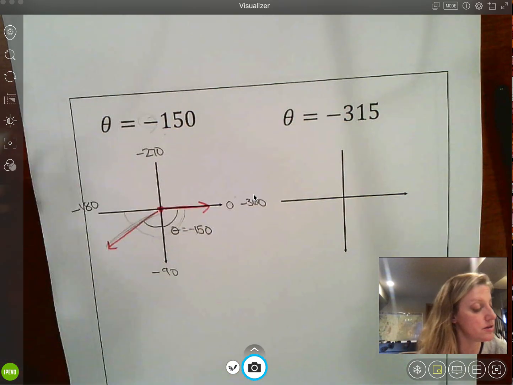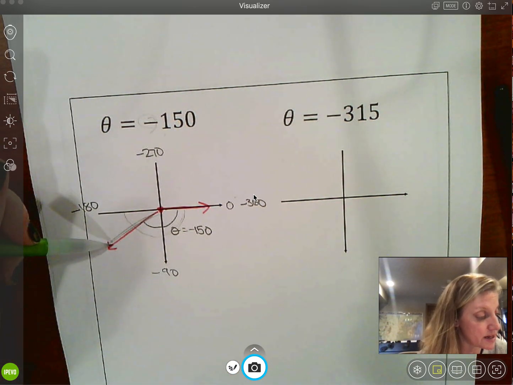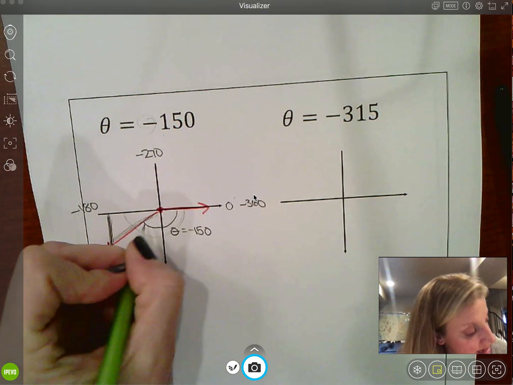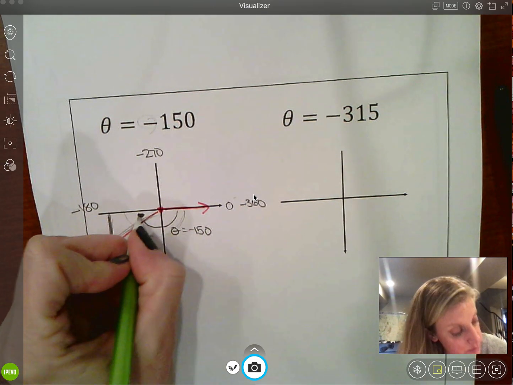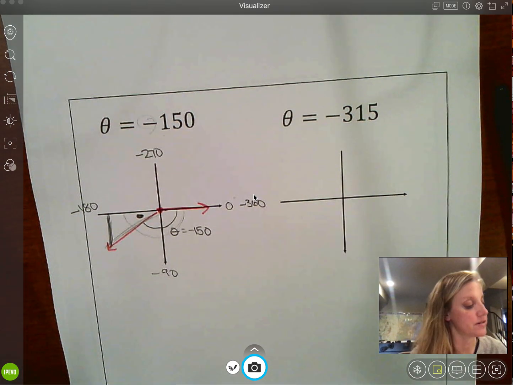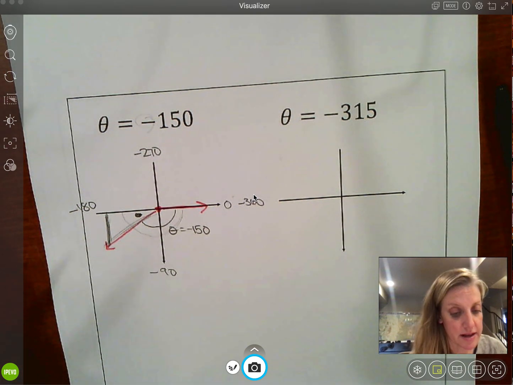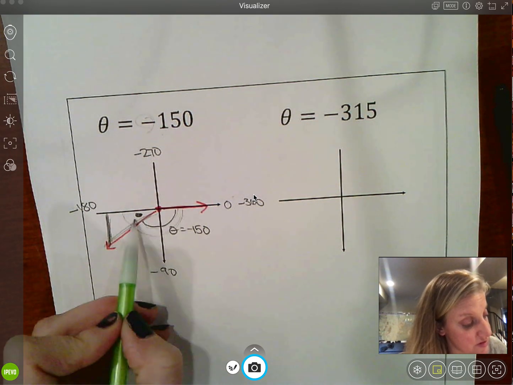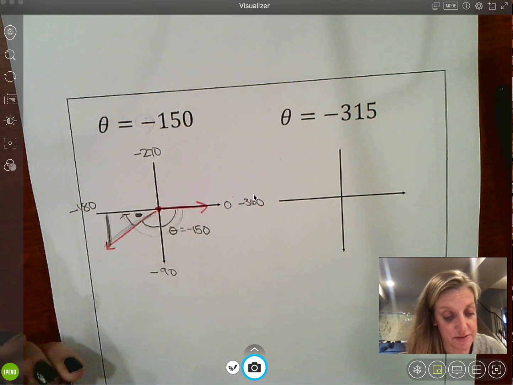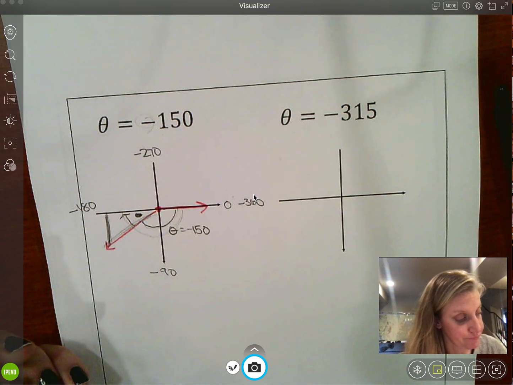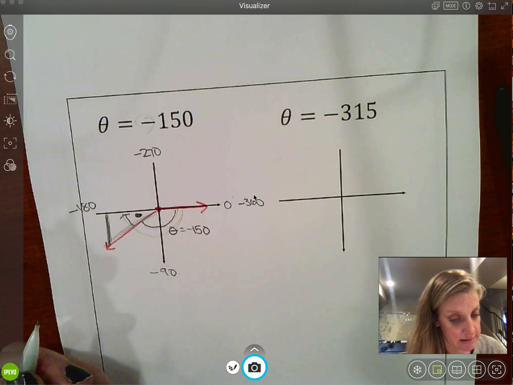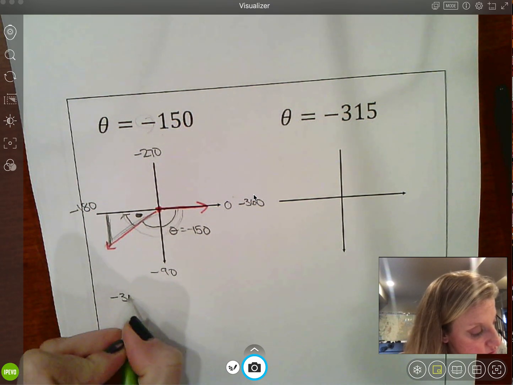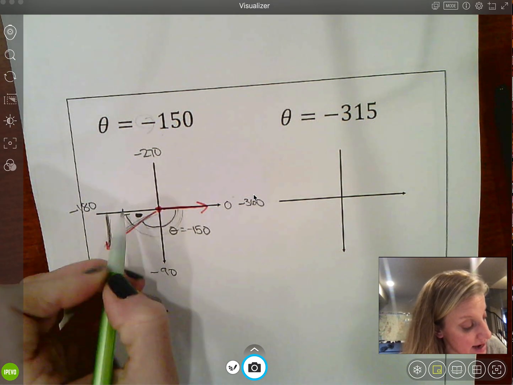Now I'm going to continue doing what I've been doing all along, which is to make a triangle that connects the terminal side to the nearest x-axis. And that angle right there at the origin is the reference angle. So let's think about that. What's happening here is if I've gone negative 150, how much further do I have to go to get to negative 180? Hopefully you're thinking, okay, you have to go negative 30 more. We're going in this negative direction.